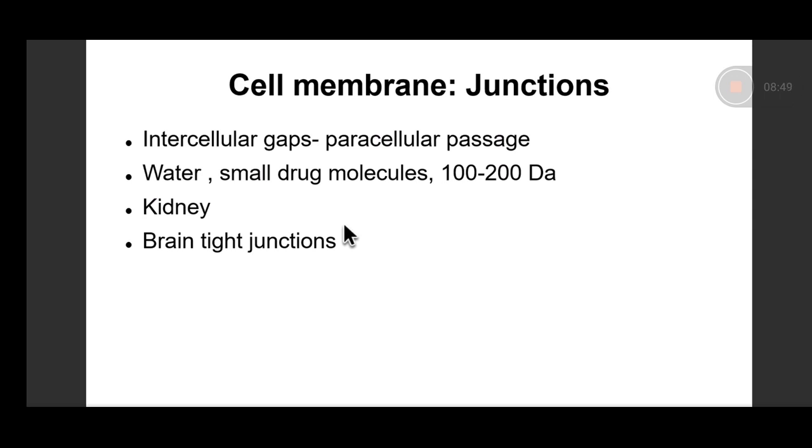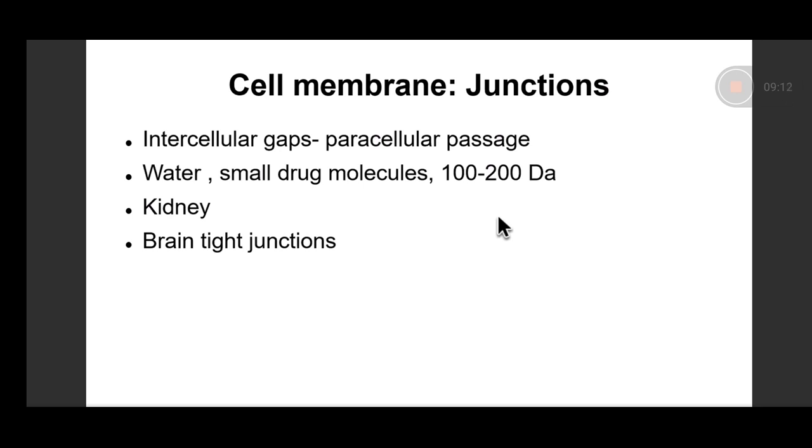And in the brain, we have tight junctions to prevent free entry of exogenous substances. These tight junctions are there to protect the brain from harmful substances. So through the intercellular gaps, water and small drug molecules, 100 to 200 Daltons, can pass.